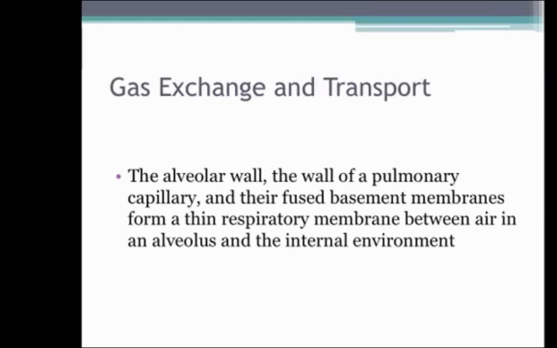And what happens is the wall of the alveoli and the wall of the pulmonary capillary, which came from the heart, are fused together so that they're in such close contact that the air can exchange between the alveolus into the circulation or the internal environment.